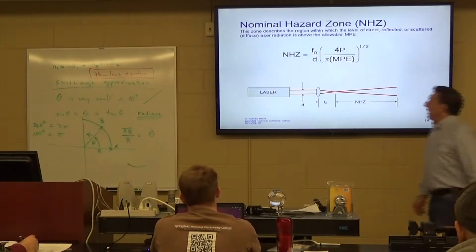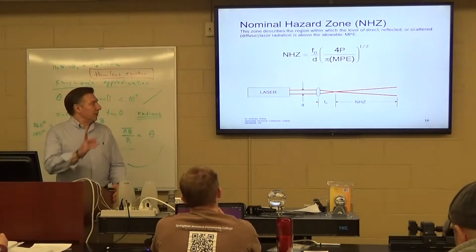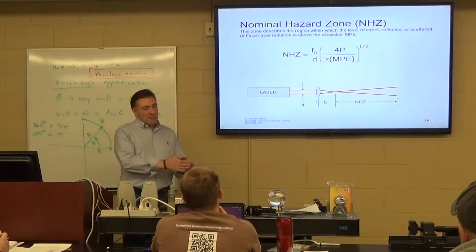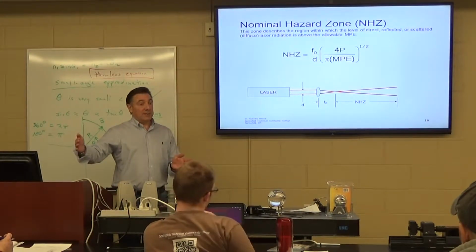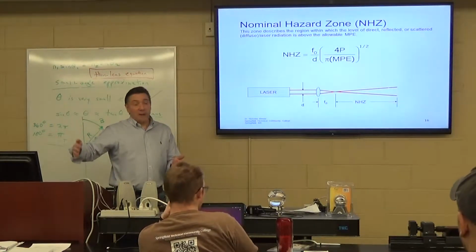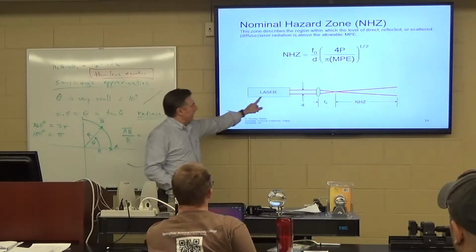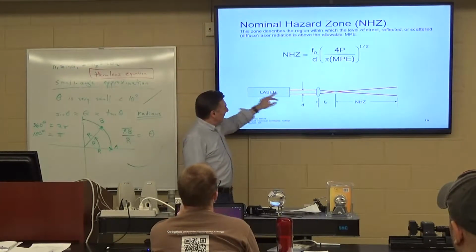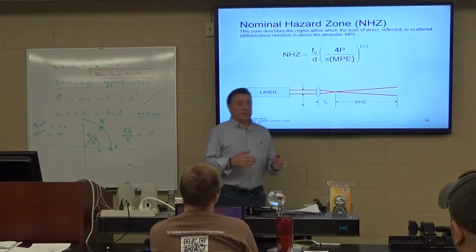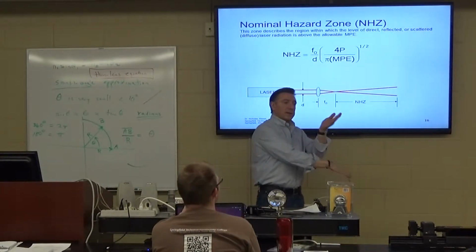Okay, so nominal hazard zone. It basically defines how far away from a laser that is being focused with a lens you have to be before that laser becomes eye safe. If you look at the picture here, we have a laser beam coming out, and most lasers, depending on the application, are usually focused if you're doing materials processing, or expanded and collimated.